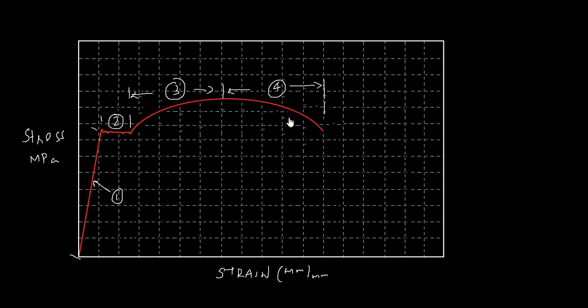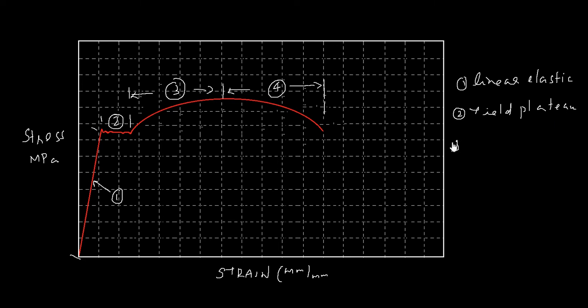Now the first region is called the linear elastic region. Second is called the yield plateau.